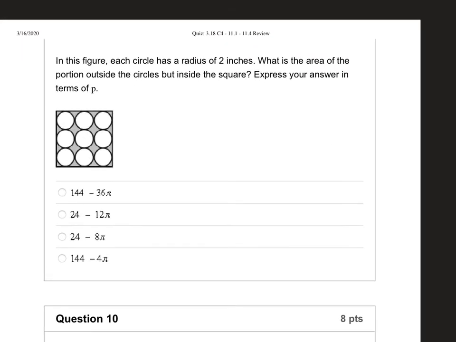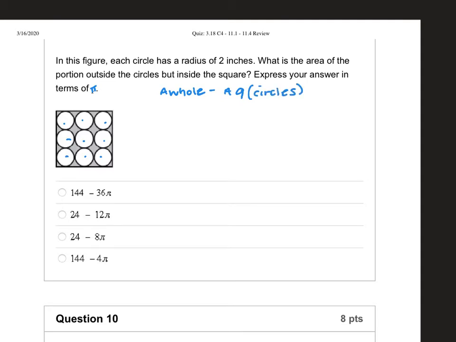Okay, back to 11/4. In this figure, each circle has a radius of 2 inches. What's the area of the portion outside the circles but inside the square? Express your answer in terms of pi. Actually, this is not probability. Sorry, this is area. We're just trying to find the area. So I have to find the area of the whole square and then subtract from it the area of 1, 2, 3, 4, 5, 6, 7, 8, 9 circles.